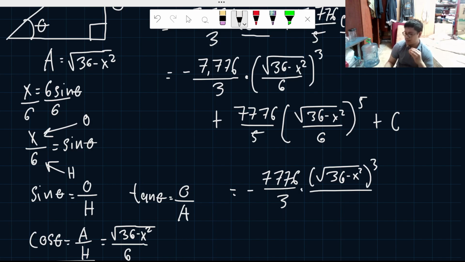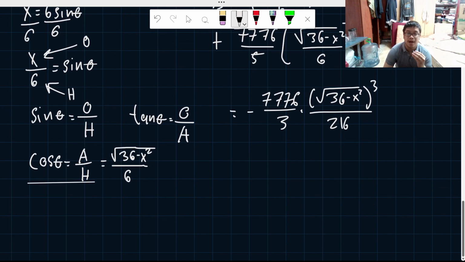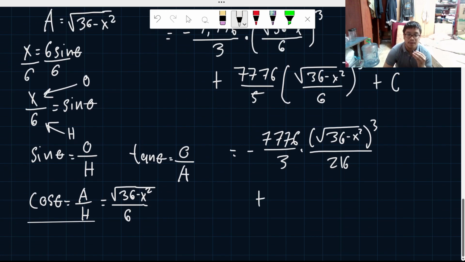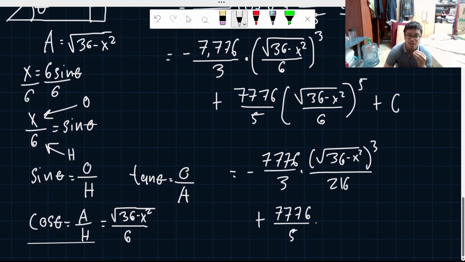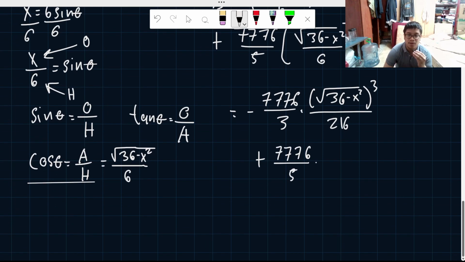So if I remember correctly, it's 192, right? 6 times 6 times 6. Ah, it's 216, forgive me. So the cube of 6 is 216, right? Plus, now we will do the same thing on the other side. All right. So for the square root, just put the exponent of 5 there.